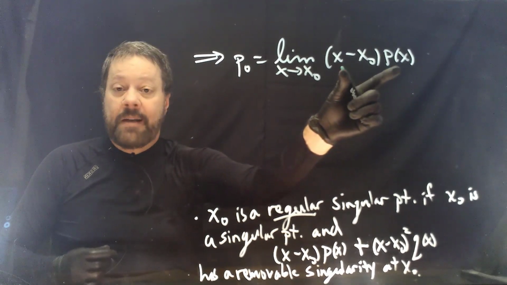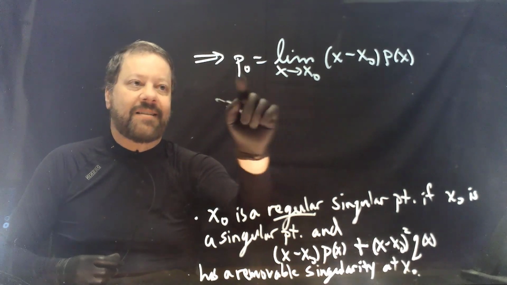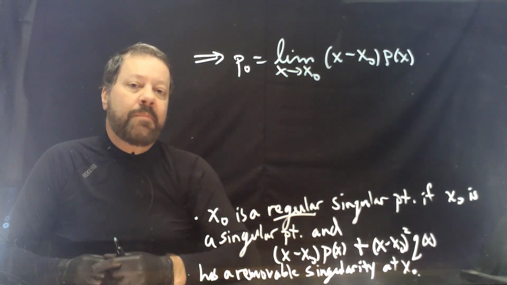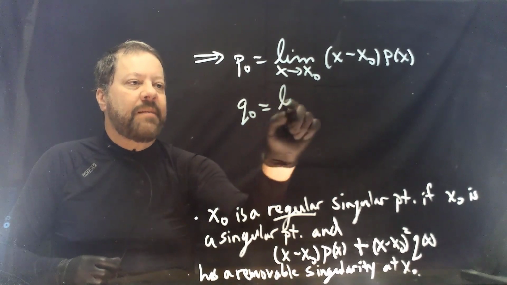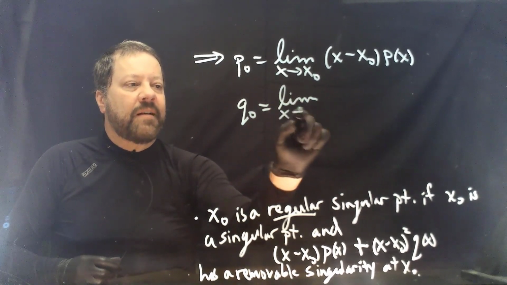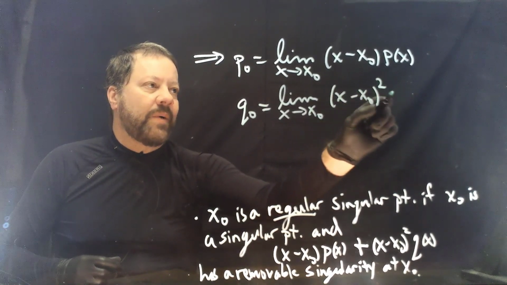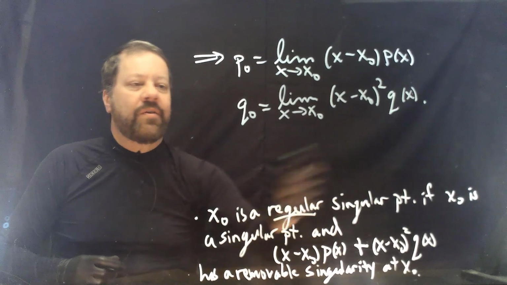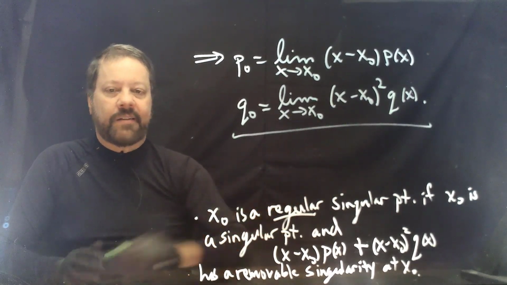This will be an analytic function, so it will have a finite value as we take the limit as x goes to x naught. We'll call that limit P naught. And Q naught will be the limit as x goes to x naught of x minus x naught quantity squared times Q of x. Both of these limits must exist for a regular singular point.